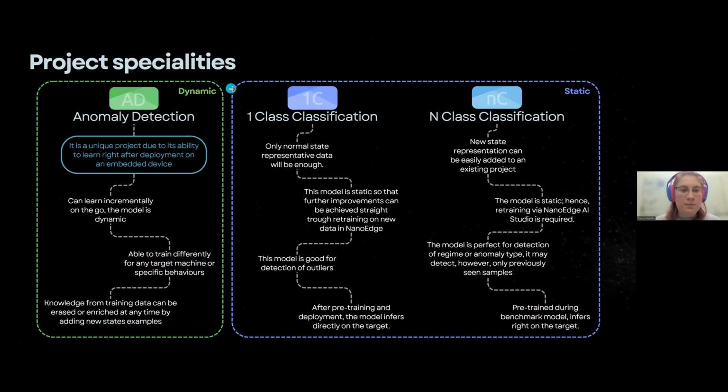And I want to touch a bit on project specialities. By that, I mean types of projects. There are two types, dynamic and static projects. By dynamic projects, we mean projects that can learn during inference. So for example, we have trained our anomaly detection project and we have deployed it.